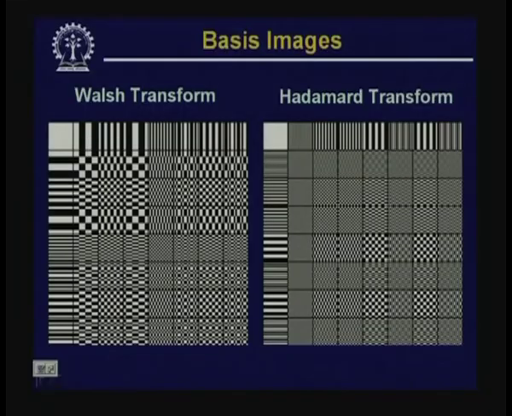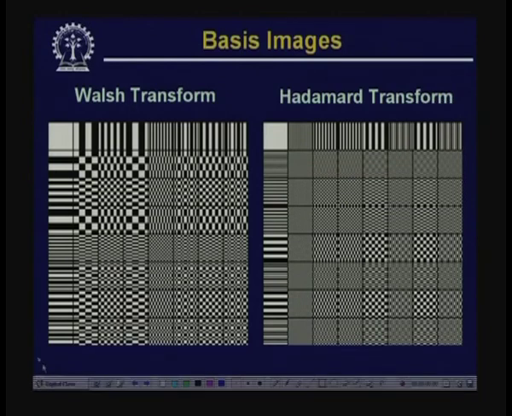And when we take this linear combination, each of these basis images will be weighted by the corresponding coefficient, the transformation coefficient VKL that we compute after the transformation. And as we have said, this VKL is nothing but the inner product of the KLth basis image.